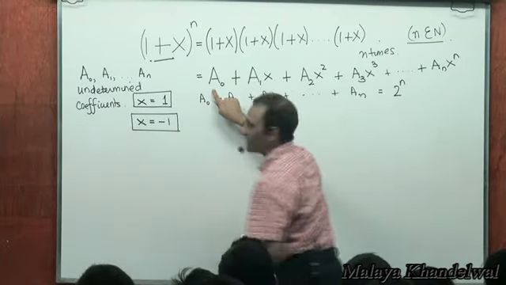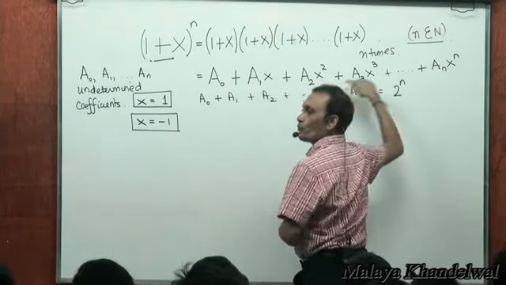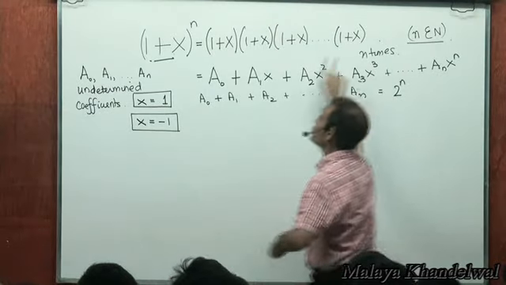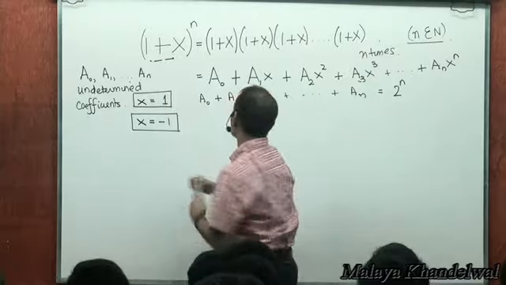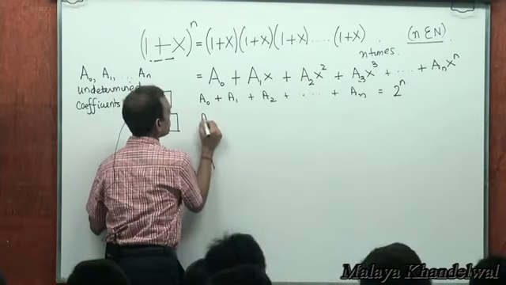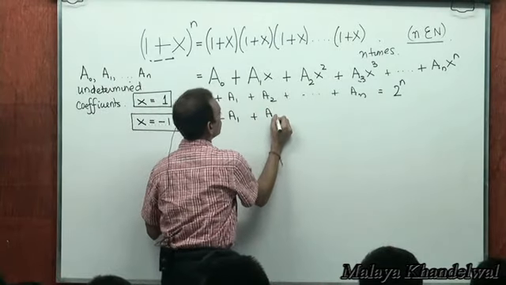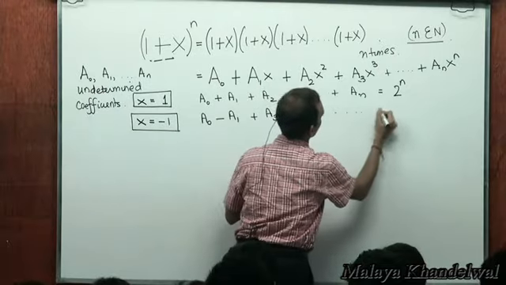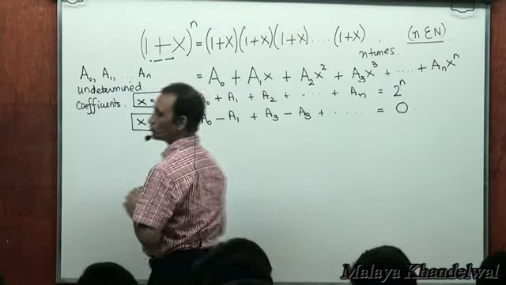Then you have a0 minus a1 plus a2 minus a3 plus a4 and so on and so forth equal to 0. That's equal to 0.